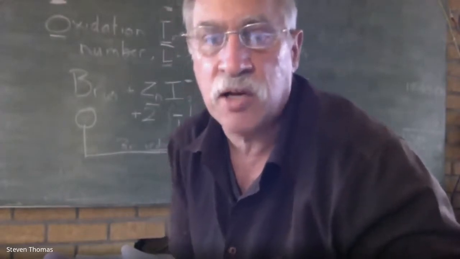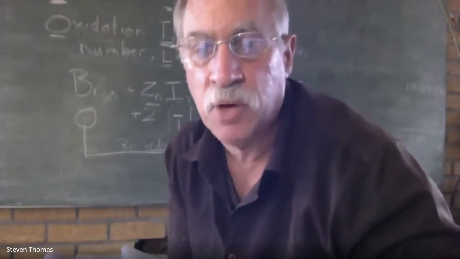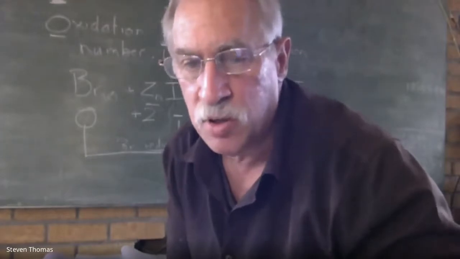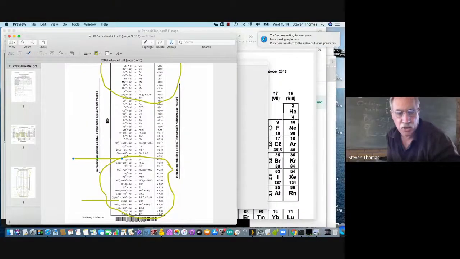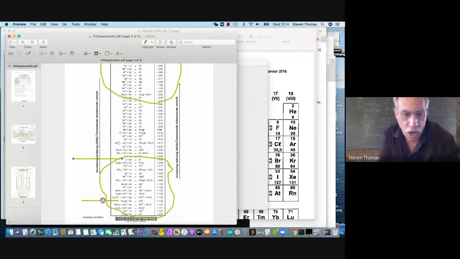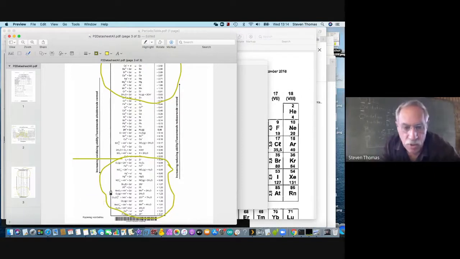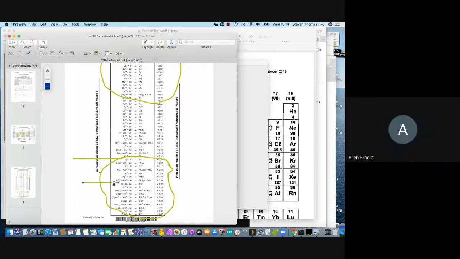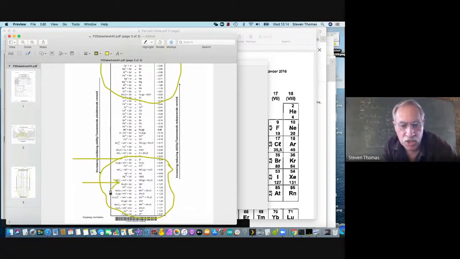Okay, now let's have a look on the scale of sexiness where bromine sits. If you've got a table in front of you, it will help. Is bromine sexier than iodine? Okay, look, on that scale, I hope you can see it. Here's bromine. There's iodine. Do you see that bromine is hotter? Bromine is hotter than iodine because it's lower down.